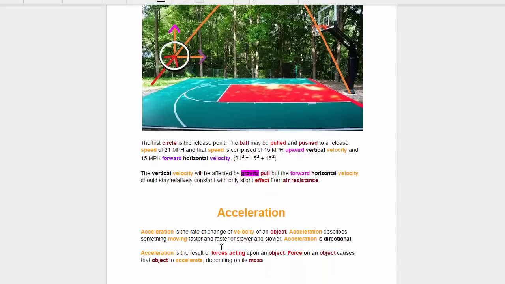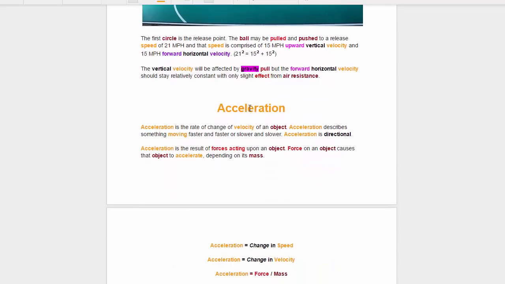Acceleration. I know we have a lot of the same things in orange, but there's only so many colors the human brain can comprehend, and we're just using orange for everything that is strictly used to describe motion. So acceleration is the rate of change of velocity of an object.